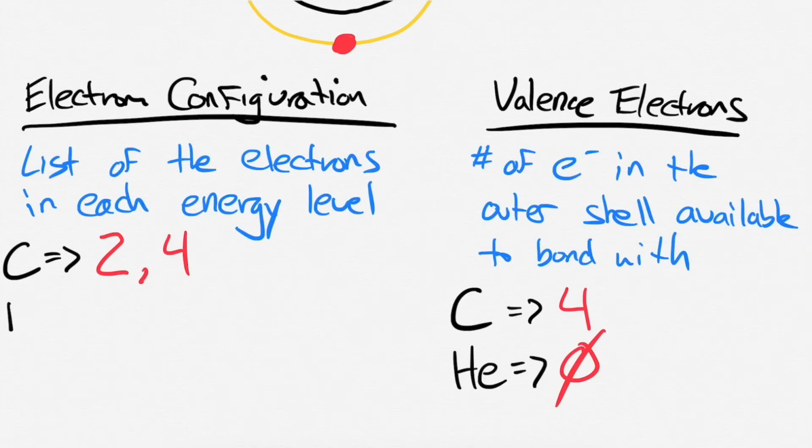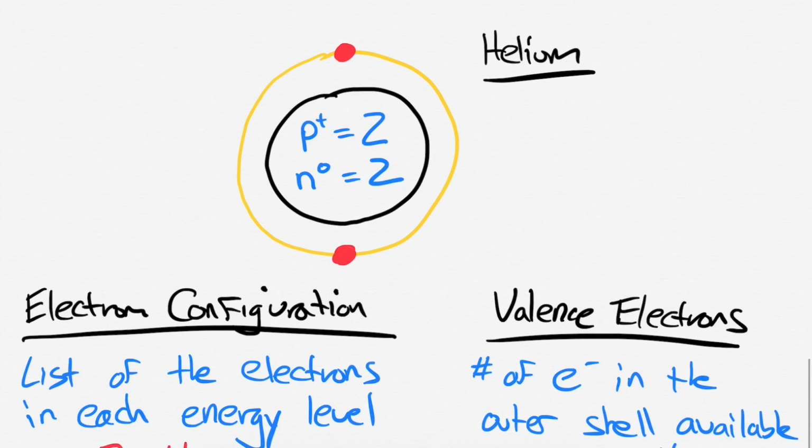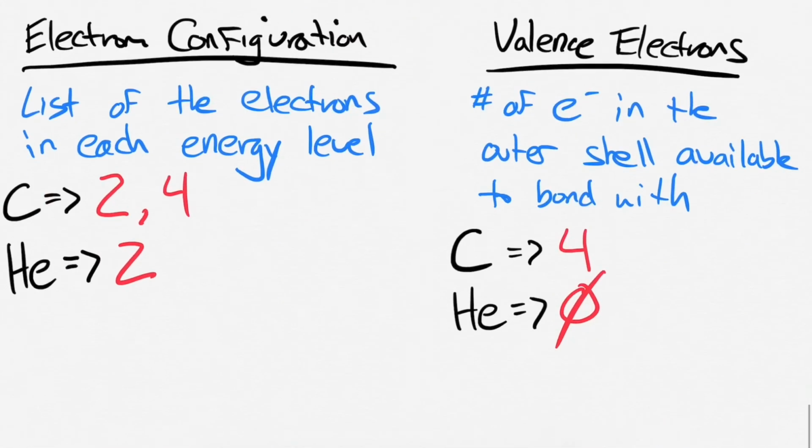Now for helium, the electron configuration is just going to be the number 2. Because if we're listing the number of electrons in each energy level, there are only 2 electrons in the first energy level. And that means that the electron configuration is just the number 2.